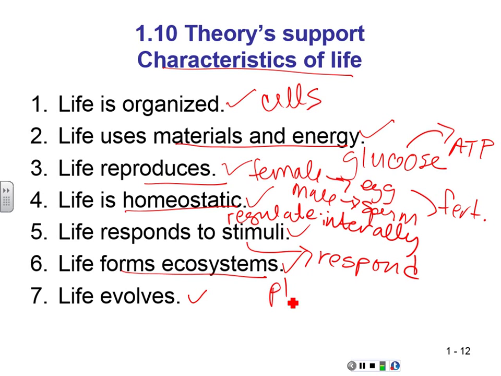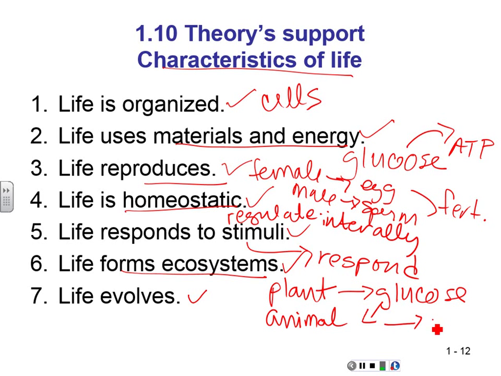We saw that in the earlier slide when we talked about plants producing glucose, and we talked about animals that then consume the glucose and turn it into ATP. And then life evolves. We looked at some of the theories of evolution, and so we know that we all stem from a common ancestor.